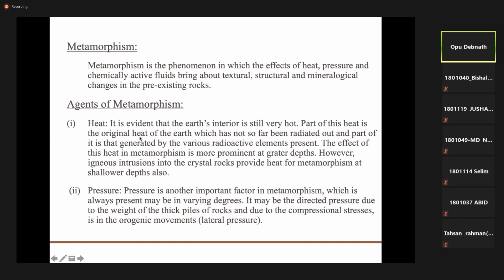And the next one is the pressure. Another important factor of metamorphism is the pressure, which is always present in varying degree. One parameter for the varying pressure is the depth. This is directly proportional to depth. That means if we go to further depth from the surface, there is the weight of the overlying layer.